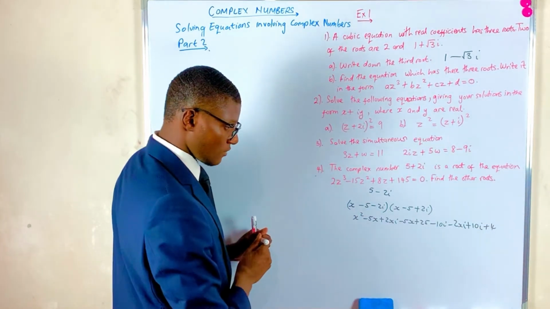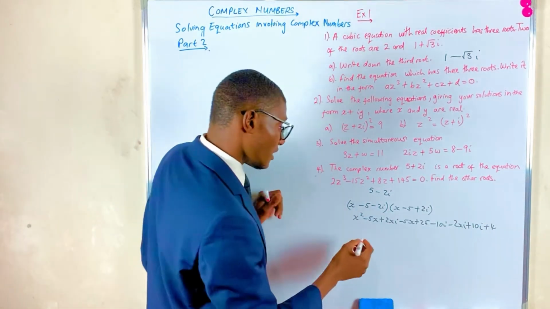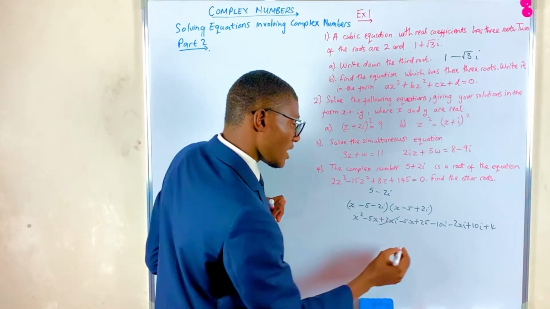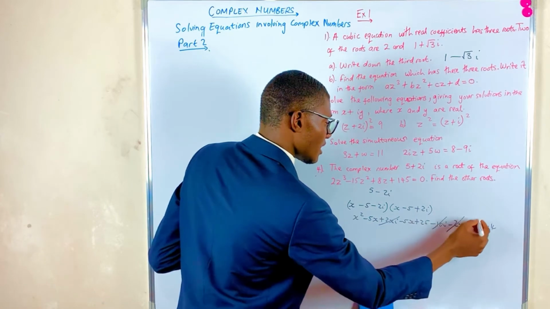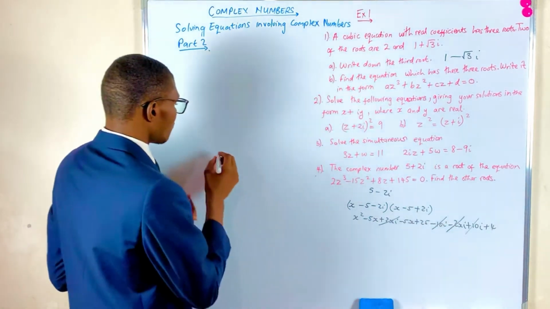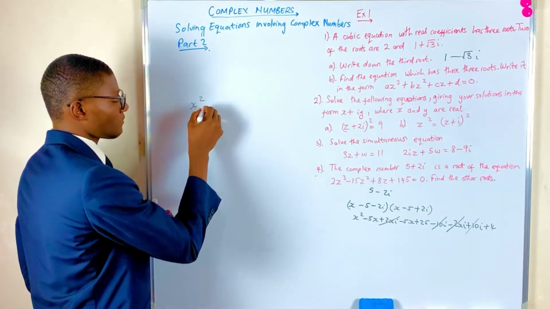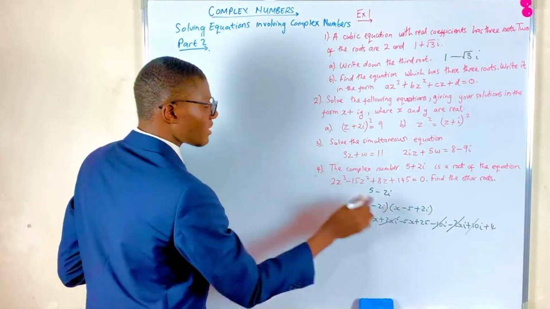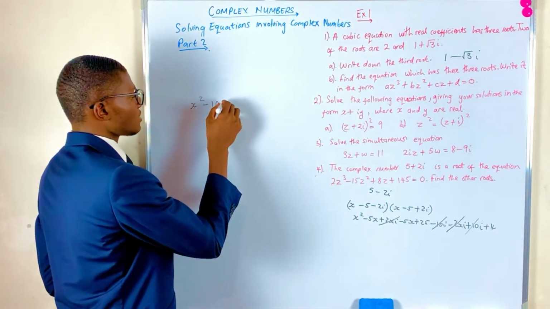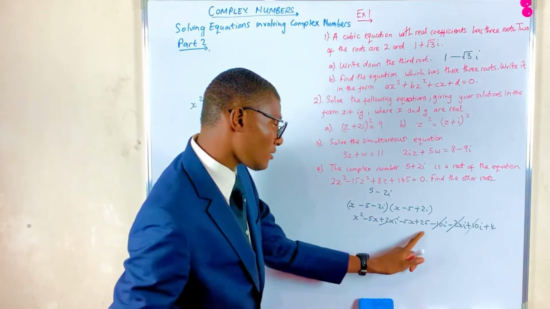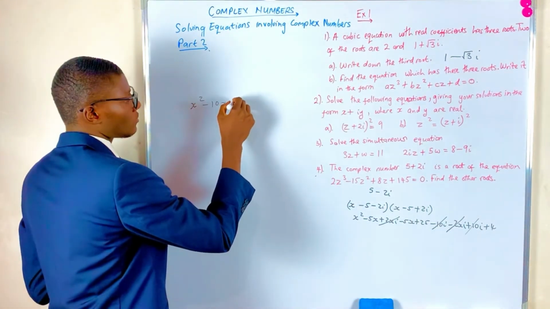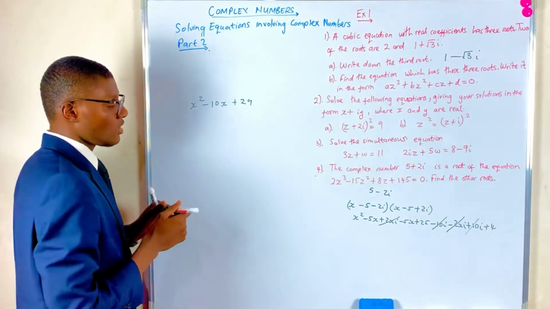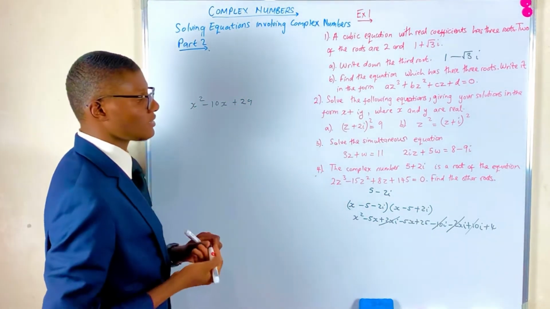So now if we simplify, what can be simplified? 2xi and minus 2xi we cancel, and then minus 10i and 10i we cancel. So we remain with x squared minus 5x minus 5x, we get a minus 10x, and then 25 plus 4, we get a 29. So this, right, is a factor.